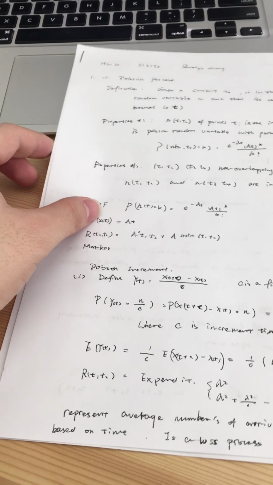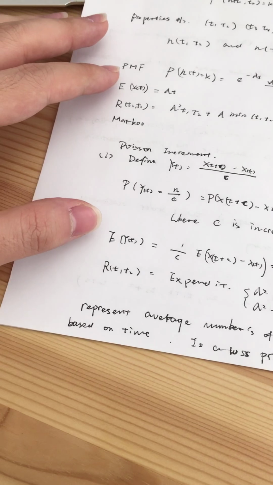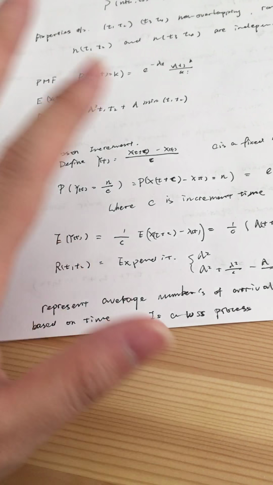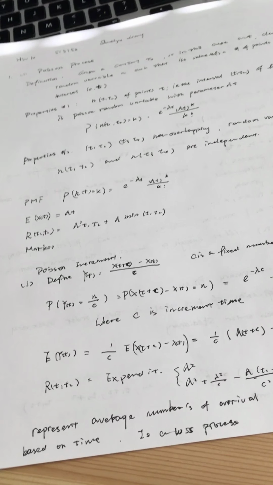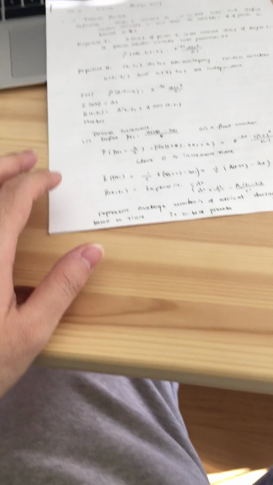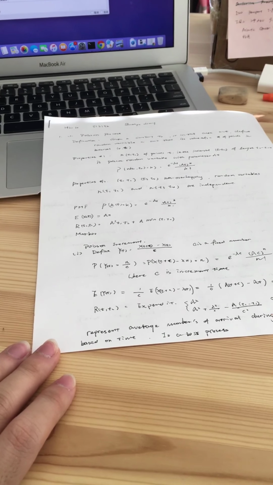In order to have a process that has similar properties to a Poisson process and represents the number of points that happen in the interval, and is also wide sense stationary, maybe even strict sense stationary, we introduce the Poisson increment.